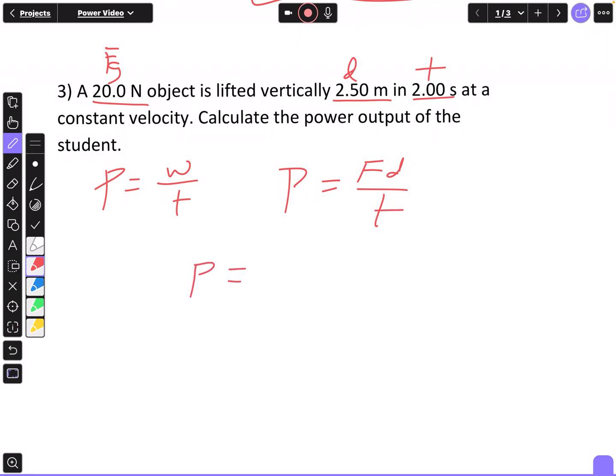So then my power is equal to force, which was 20, times d, which is 2.5, divided by 2.00.